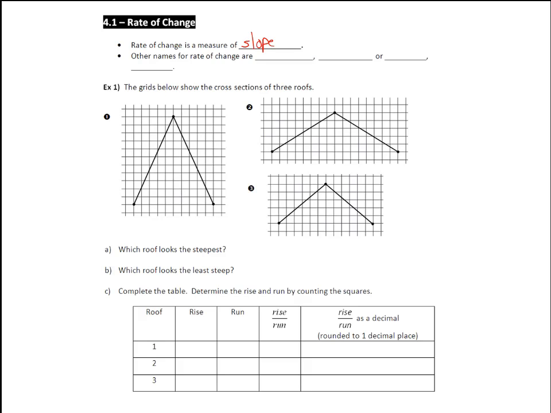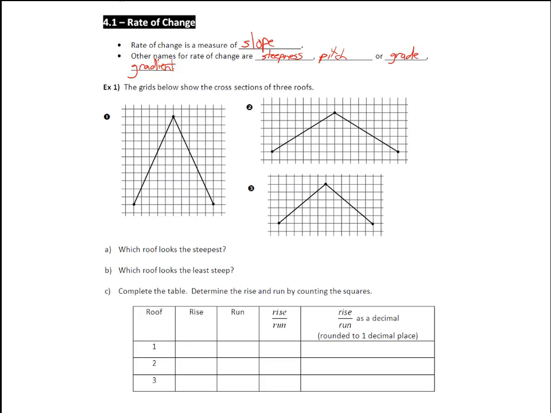Other names for rate of change are steepness, which is a little less common, pitch, or grade. Sometimes gradient. However, slope is going to be the most common that you'll hear throughout math.